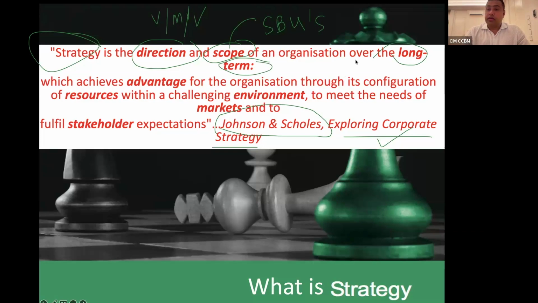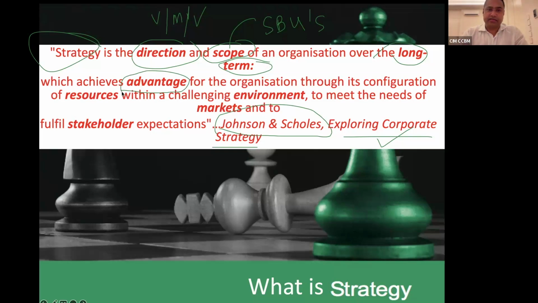Long term, here authors talk about 5-year, 10-year horizons. Strategy is about the long term. Strategy is about how many SBUs or the scope of an organization. Strategy is about the direction, the vision, mission, values, the strategic intent. And strategy also helps the organization achieve a competitive advantage.